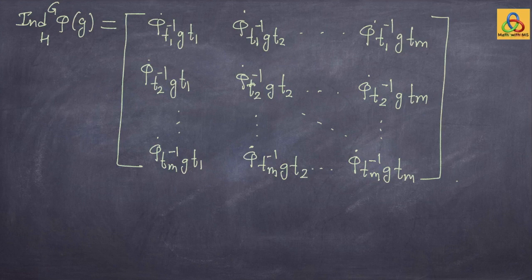This is how the matrix of the induced representation at a group element will look like.